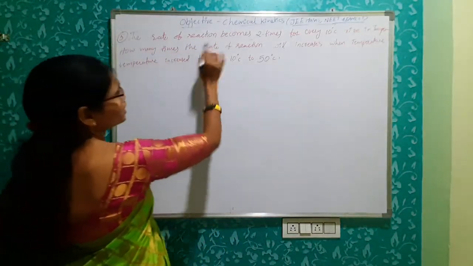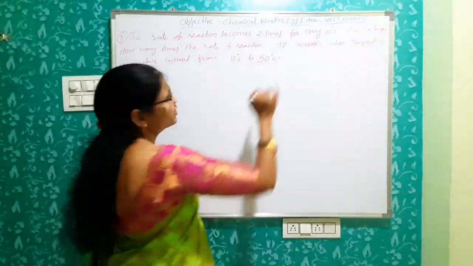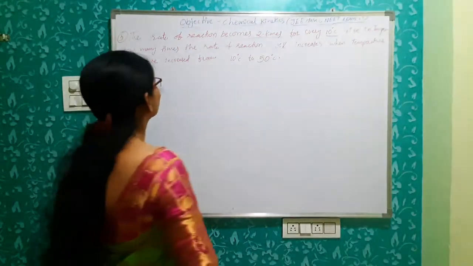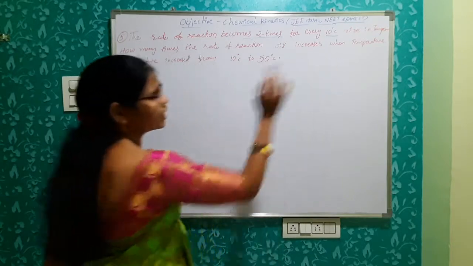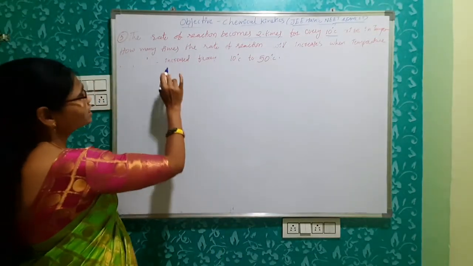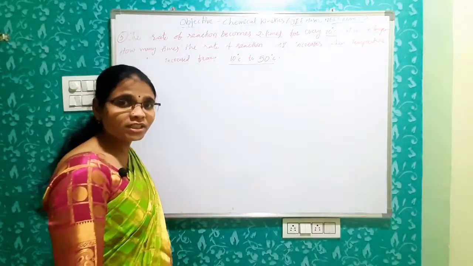The rate of a reaction becomes 2 times for every 10 degrees rise in temperature. How many times will the rate of reaction increase when the temperature is increased from 10 degrees Celsius to 50 degrees Celsius?